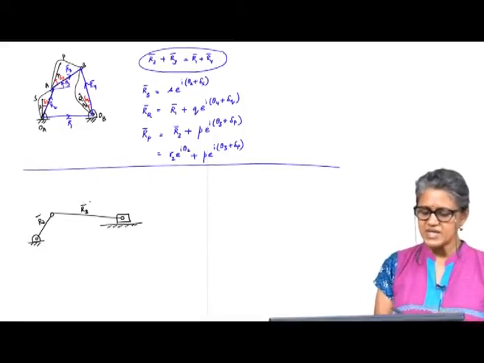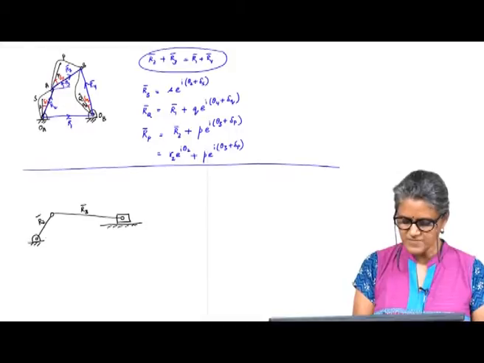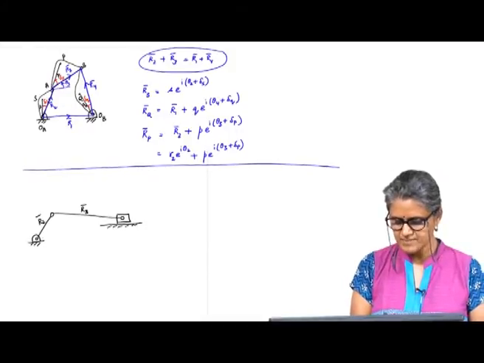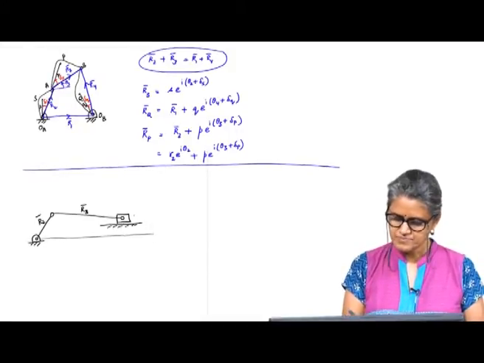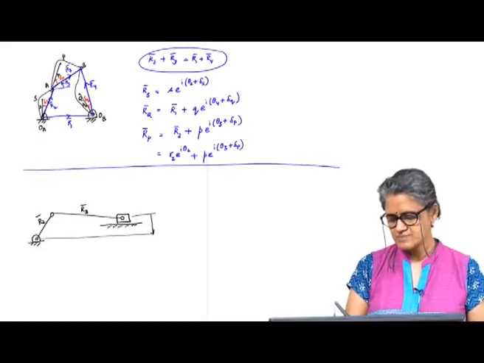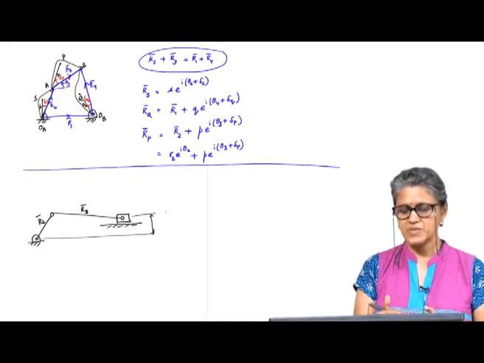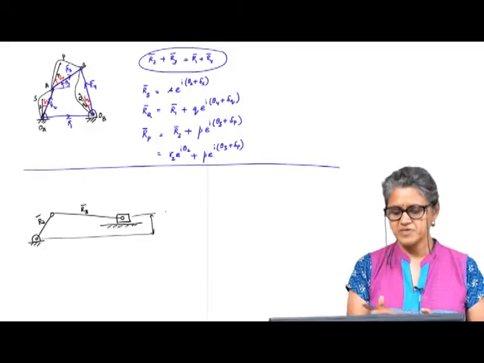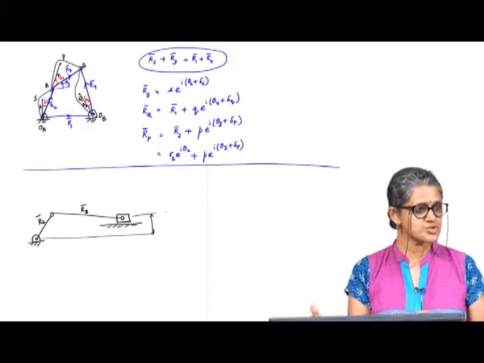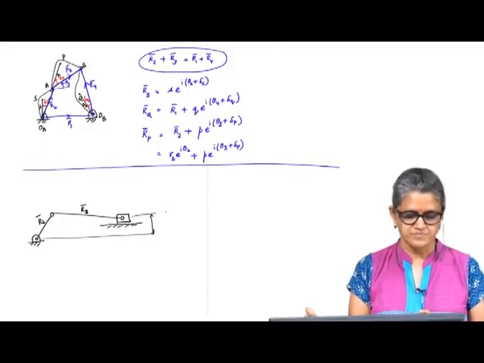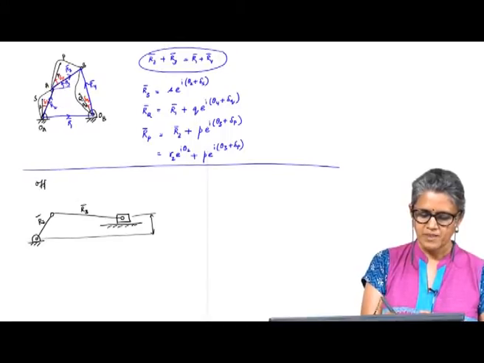So, let us take the general case of an offset slider crank, where there is an offset between the location of the fixed pivot and the path of motion of the slider. So, this is the offset slider crank.